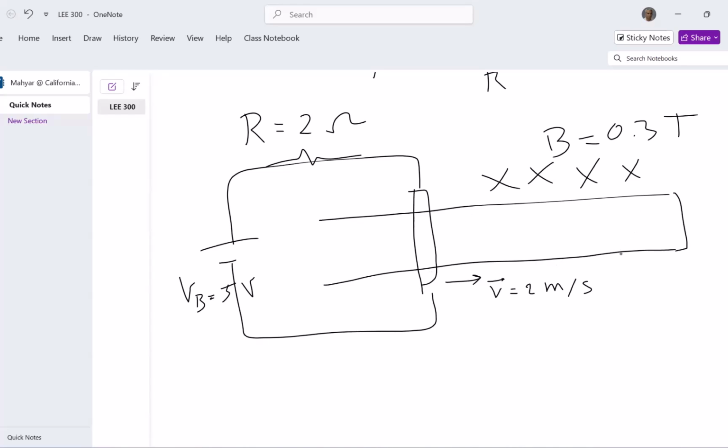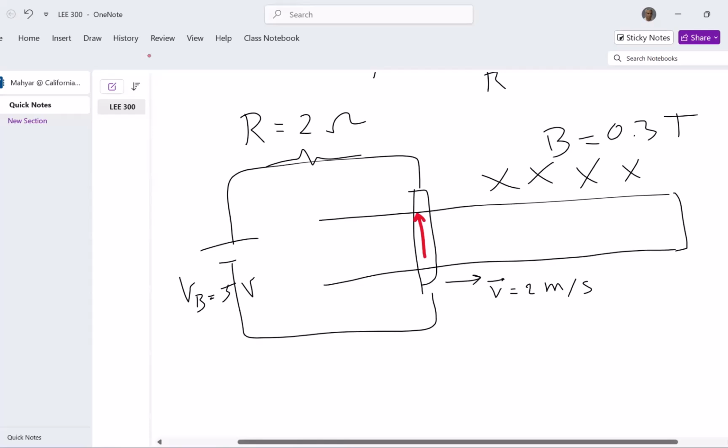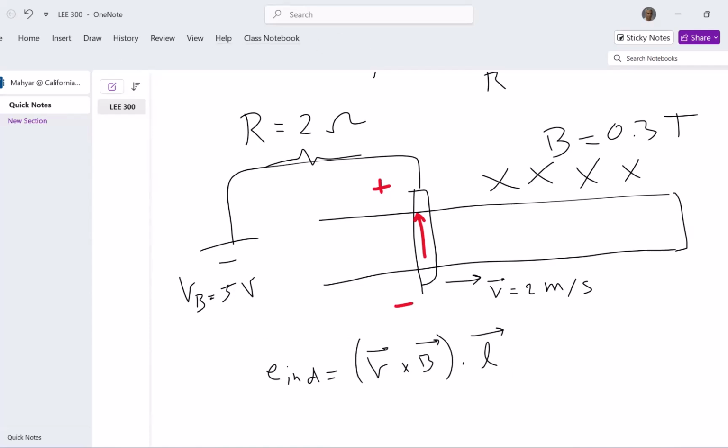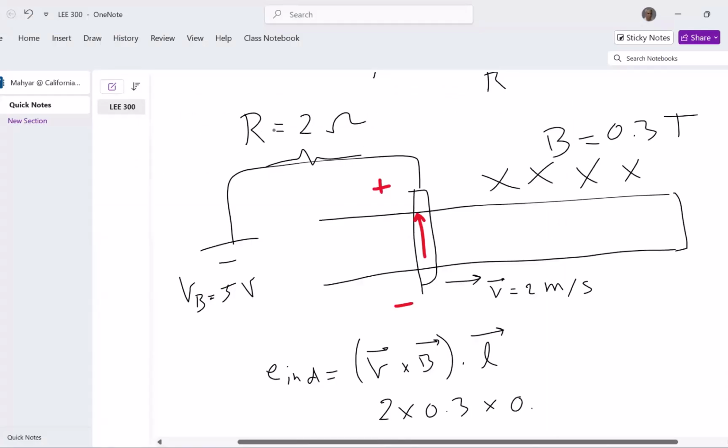So therefore, the flux gets smaller. So you have to try to increase the flux. So therefore, the current needs to go up, which means that this would need to be the positive and this would be the negative terminal. So V and B are perpendicular, 2 times 0.3 times, what is your L? 0.5.